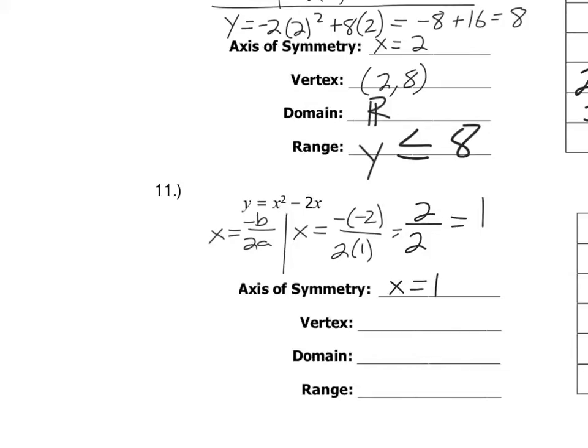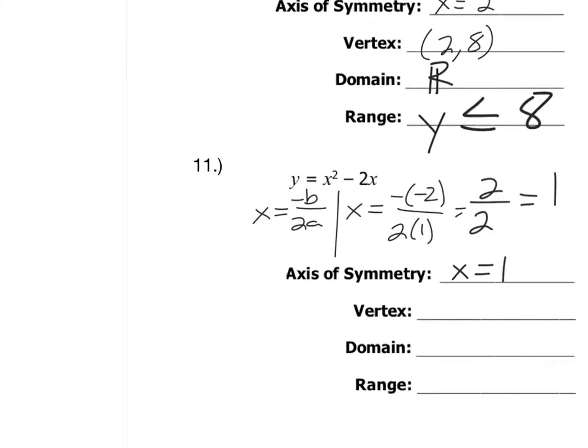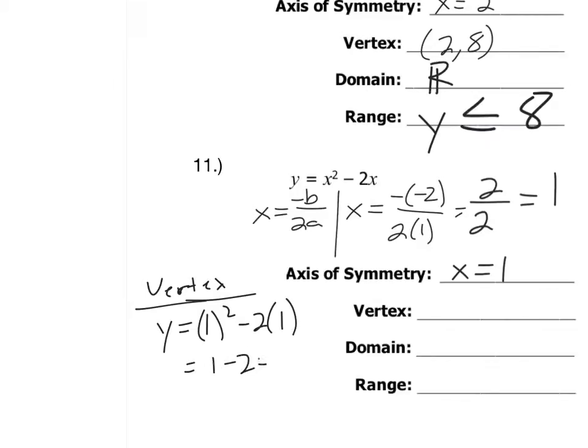Now to find our vertex, we would just plug in that axis of symmetry. So I'll do the vertex down here. To find the vertex, it would be y equals 1 squared minus 2 times 1. Well, 1 squared is 1, and 1 minus 2 is -1. So our vertex is going to be 1 comma -1.